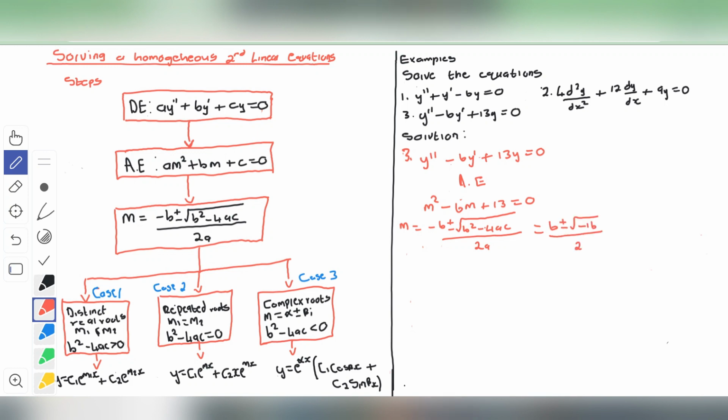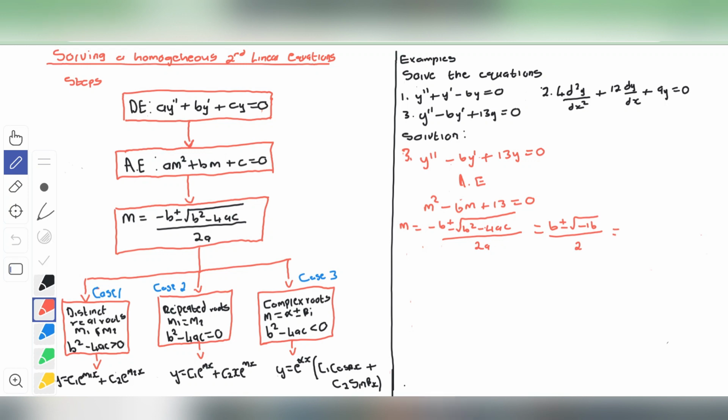So you're going to get 6 plus or minus the square root of negative 16 all over 2. If you press this on your calculator, it's going to say math error because of the negative root. So how do we solve this?